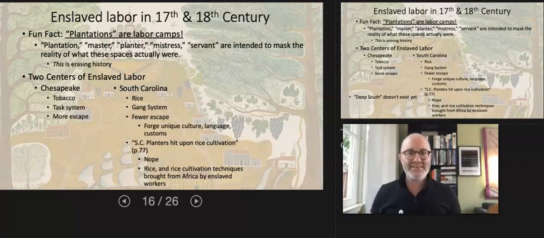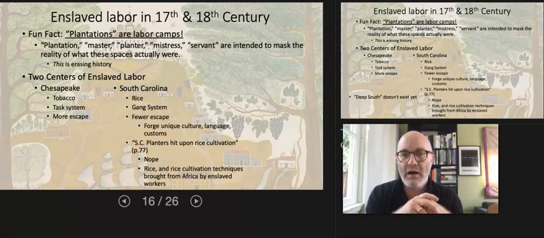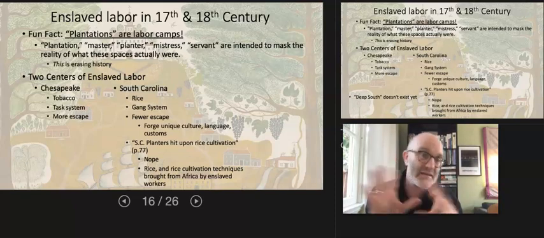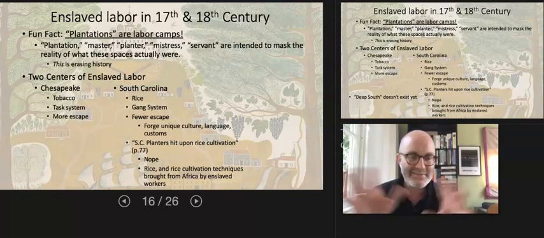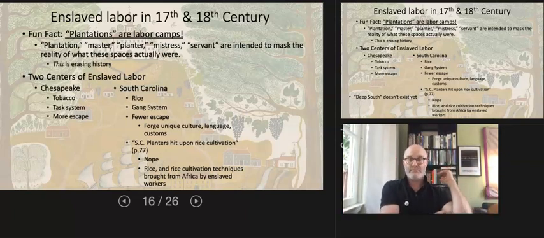Interestingly, in the 1880s, 1890s, you can see all of these advertisements for South Carolina rice, and it's very Orientalist, where it's all about China and East Asia and that's where the influence is supposedly from. But that's, again, an erasure of the actual history. It's actually West African. West Africans had been eating rice for centuries in West Africa.